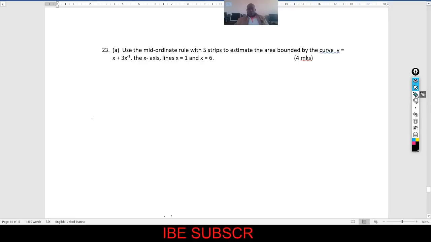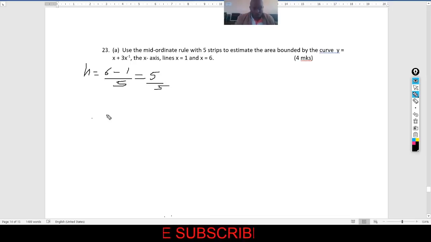Now what you do, we need to find the height that we use. h equals x2 minus x1, that is 6 minus 1, over the number of strips, which is 5. So this gives you 5 over 5. So we need now to make the table of x. I need the midpoints, so that I use them to find y.